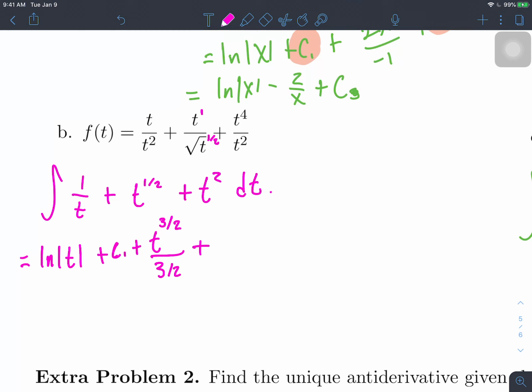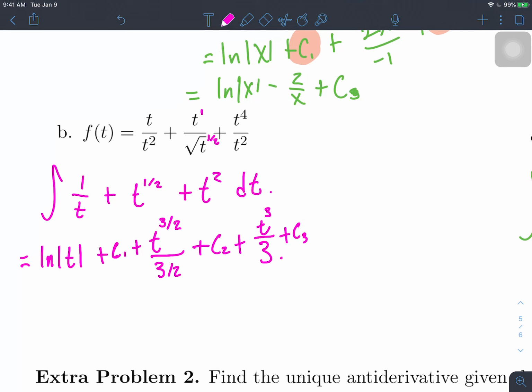Would you still use the power rule? Yep. No, that would be if we did a derivative. If we do a derivative, the power should become smaller. If we do an antiderivative, the power should become larger. Oh, you add, so t cubed over 3.